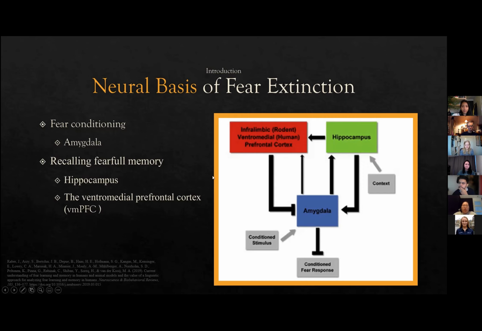The memory is then recalled and the fear emotion gets loose and comes out.